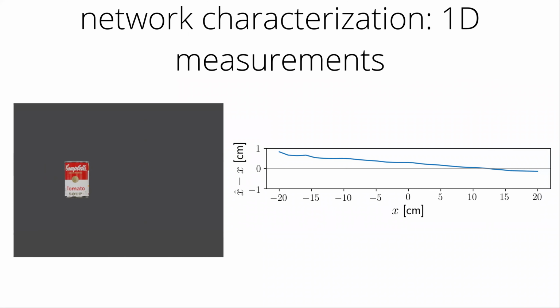Before we implement the filter, we're first going to characterize the noise in the network a little bit. So we start by considering a 1D example where we take the object and move it from left to right in the image. We take each image, feed it through the neural network to get an estimate of position, and then find the bias, which is plotted on the right.